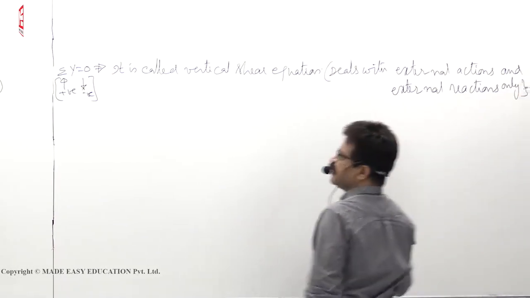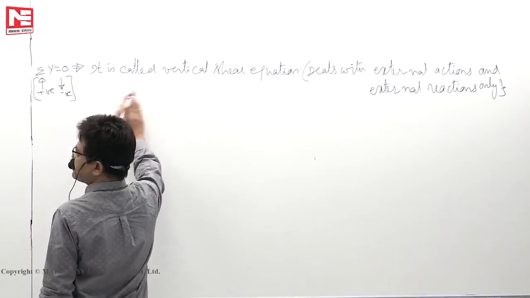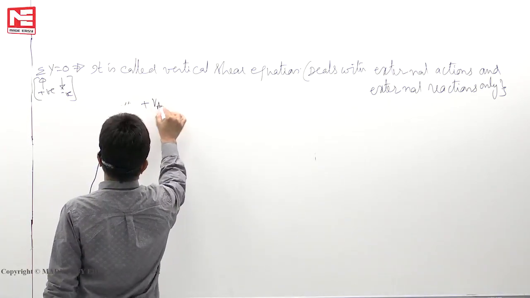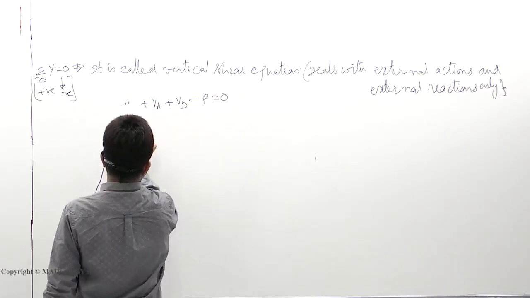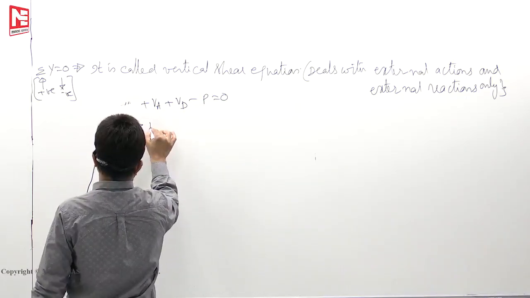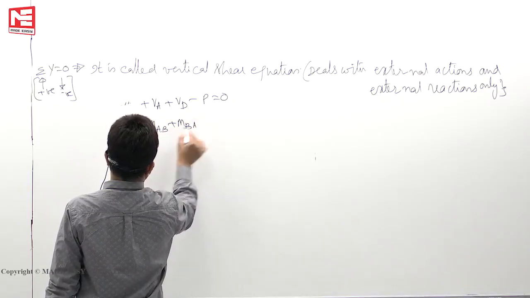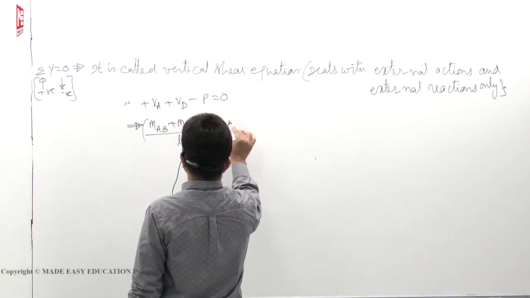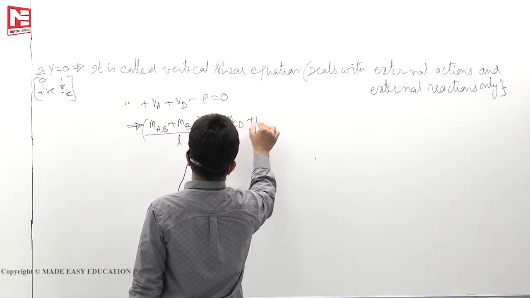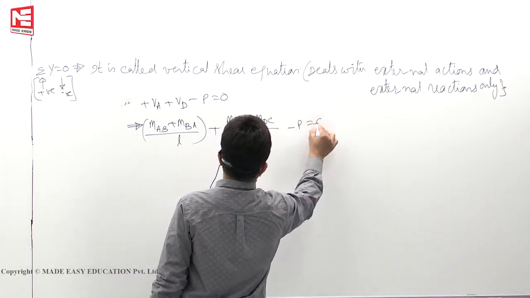That's all. Now VA, MAB, what you get is plus VA plus VD minus P is equal to 0. This is the equation. What is VA you get? MAB plus MBA by L plus VD, MCD plus MDC by L minus P is equal to 0.